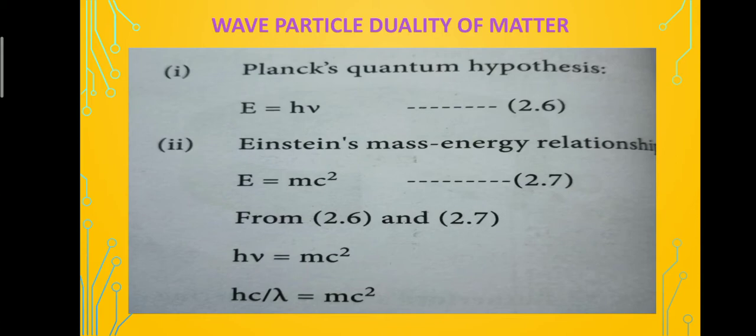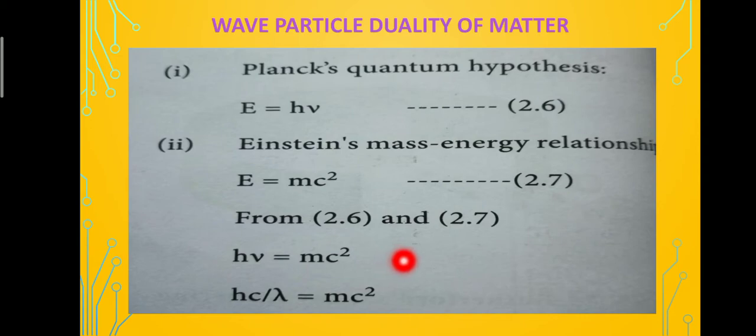So on equating both equations, E is equal to h nu and E is equal to mc square, we get h nu is equal to mc square.